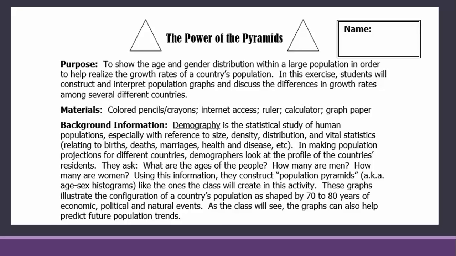You're going to take a look at population data from 6 different countries. You're going to create your own population pyramids, and then analyze them to figure out what trends you can see, what trends you can predict, and what kind of growth you're going to be able to see in these countries in the future.